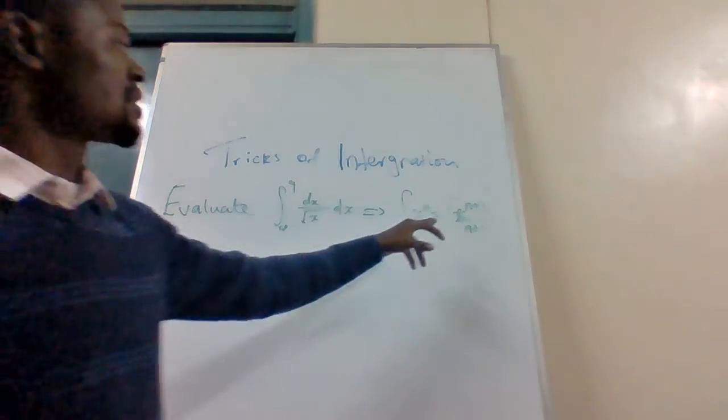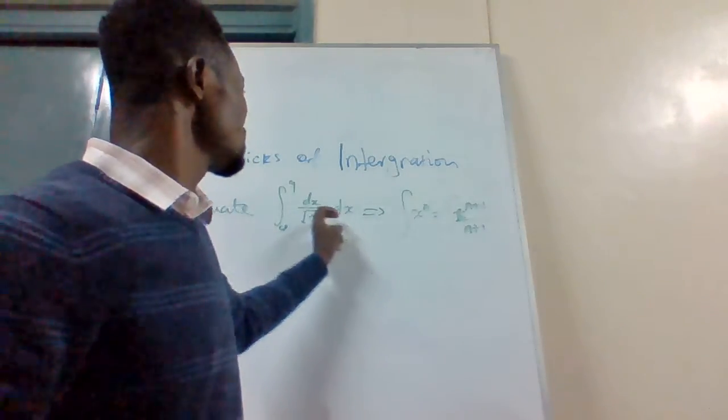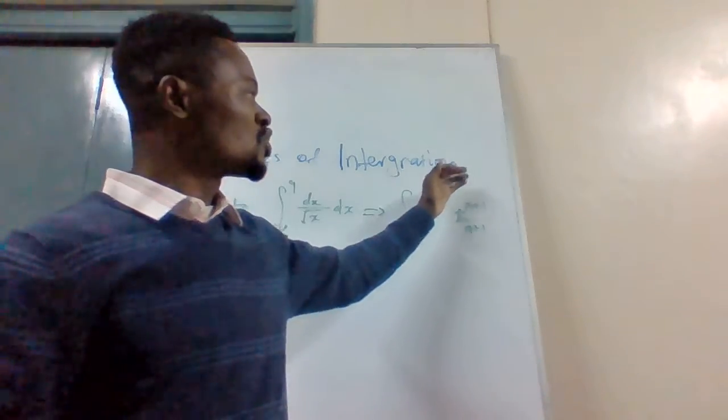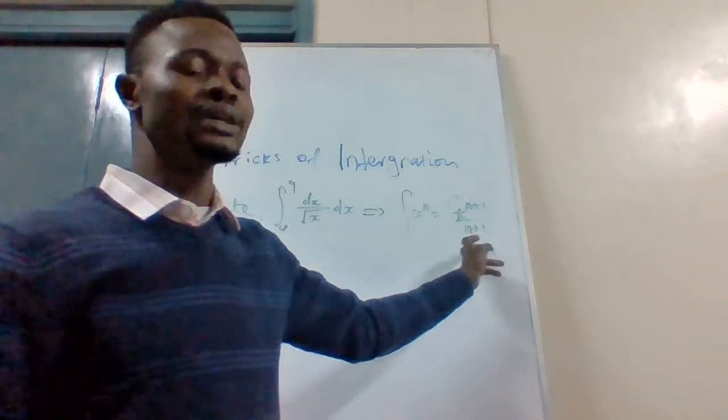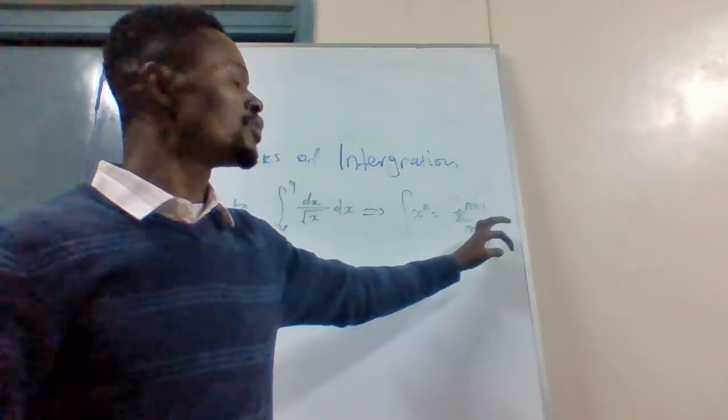What is the exponent? The exponent you have, you add 1 to it and divide the whole thing by the number you get, so that is n plus 1.